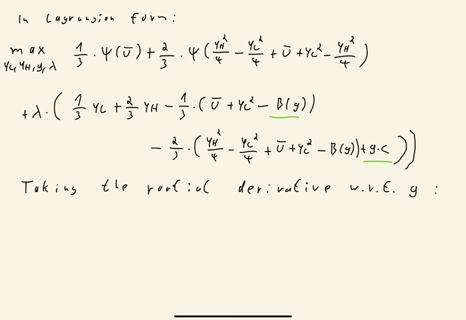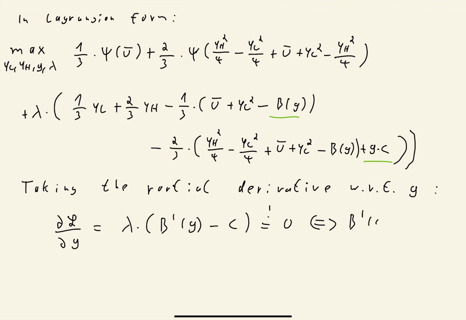So it will be a very simple first order condition, because what we end up with if we take the partial derivative of the Lagrangian function with respect to G is equal to the following. So delta times B prime of G minus C should be equal to 0, and therefore B prime of G is equal to C.